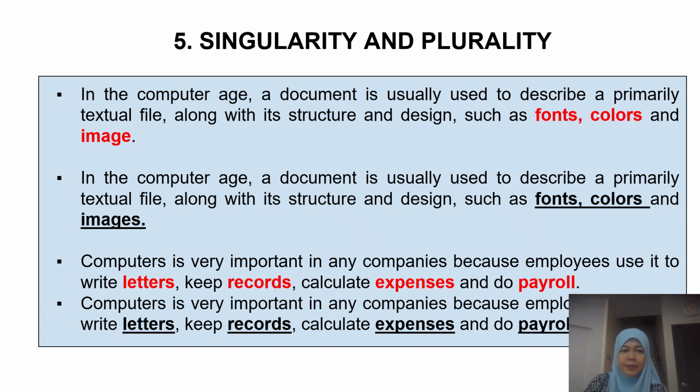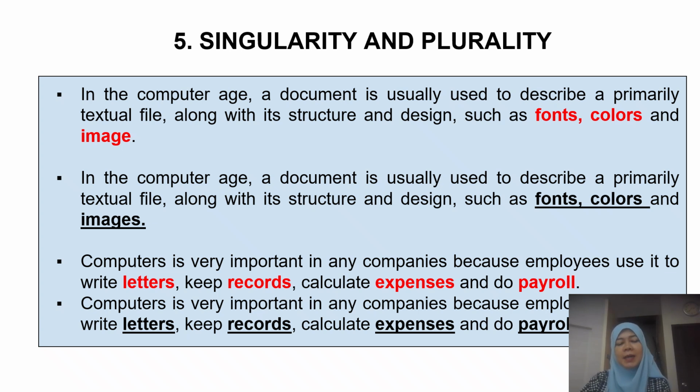So here, the example given, in the computer age, a document is usually used to describe a primarily textual file, along with its structure and design, such as fonts, colors, and image. So you see fonts, colors are plural, but image is singular. So you need to change it to become in the same plural form. Okay, so you have it here, fonts, colors, images.